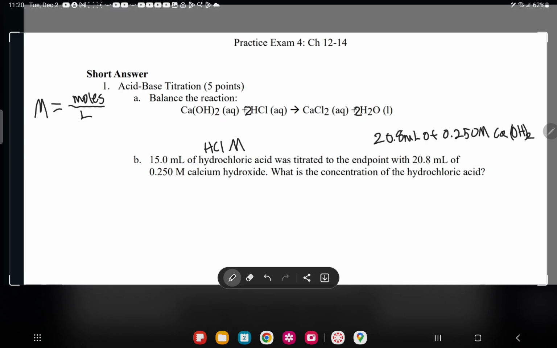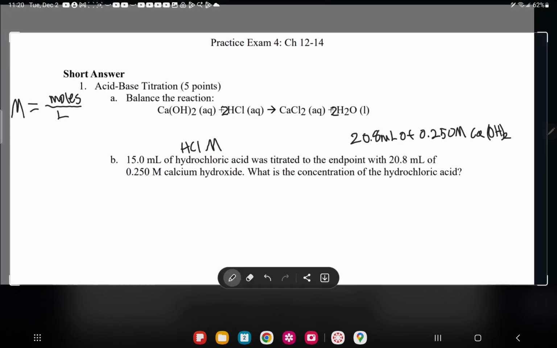Okay? So in this case, we have 20.8 mLs of the Ca(OH)2. And we want to convert this to liters. So we know 1,000 mLs is equivalent to 1 liter.